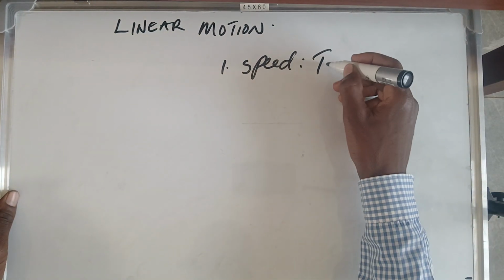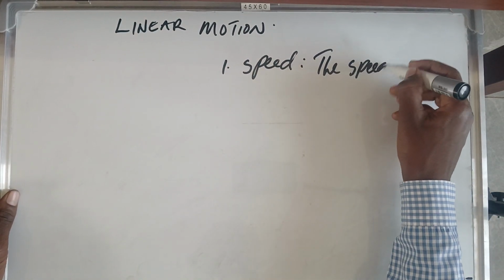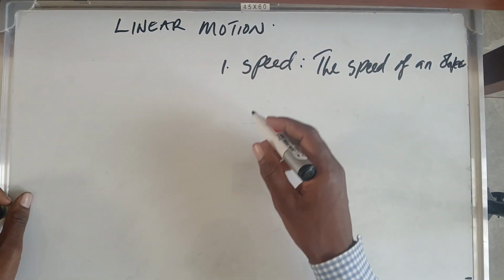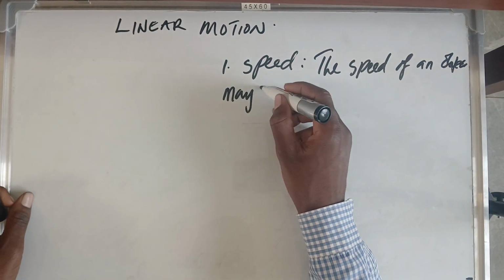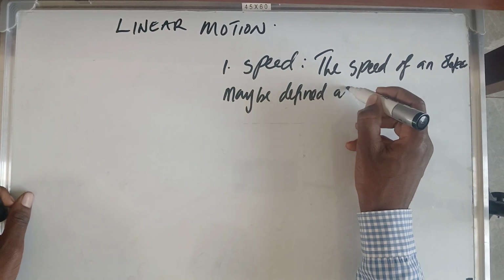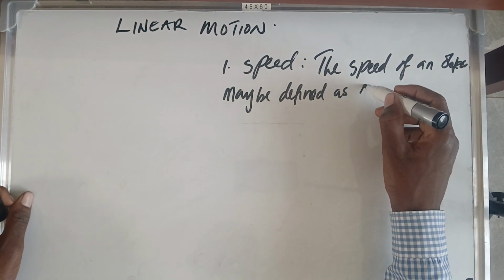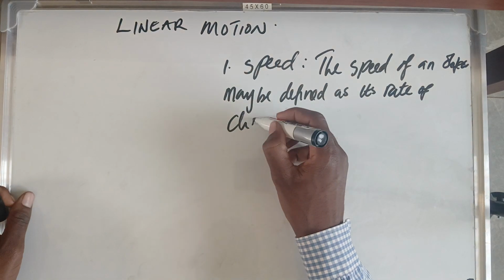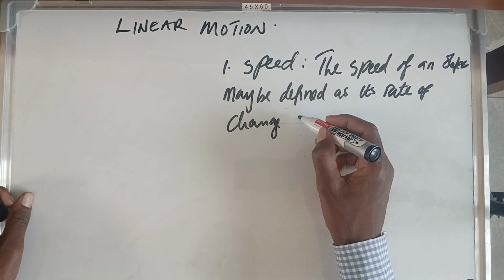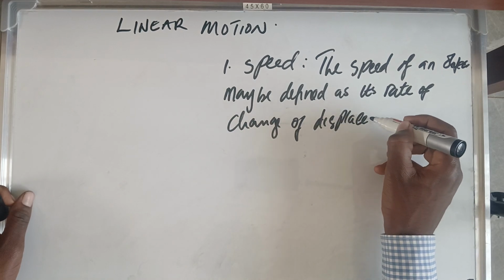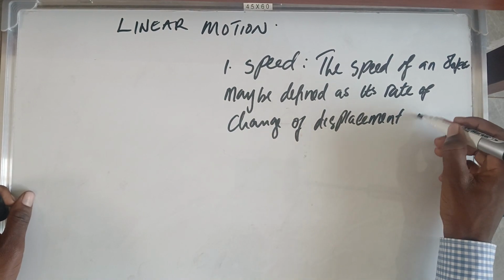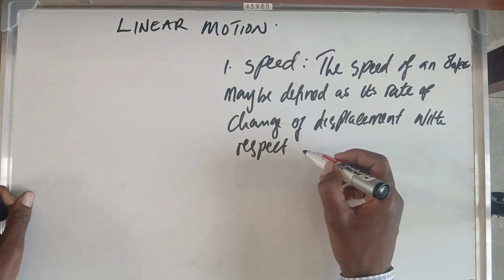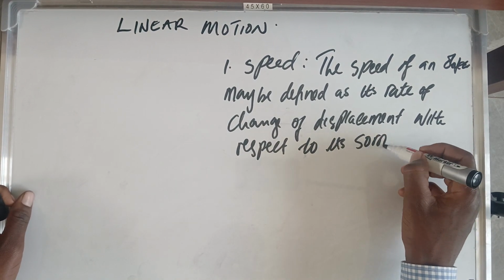So, write these notes. The speed of an object may be defined as its rate of change of displacement with respect to its surroundings.